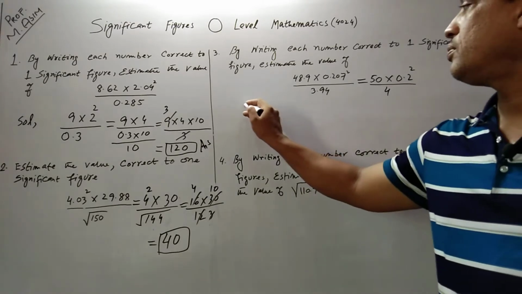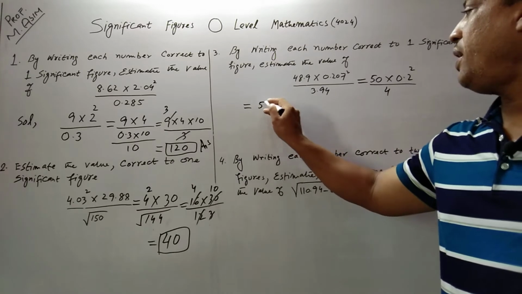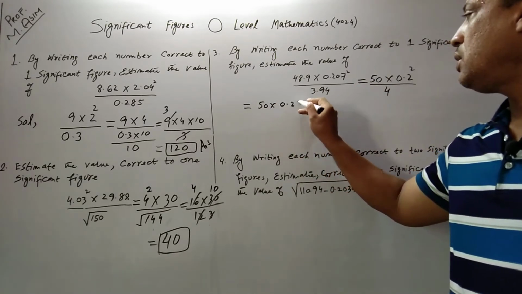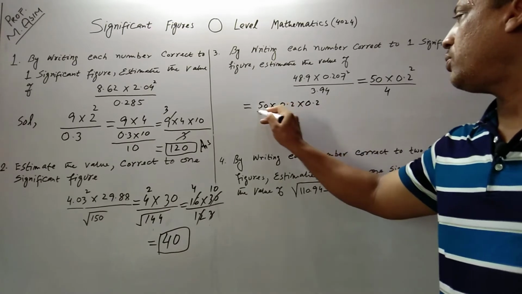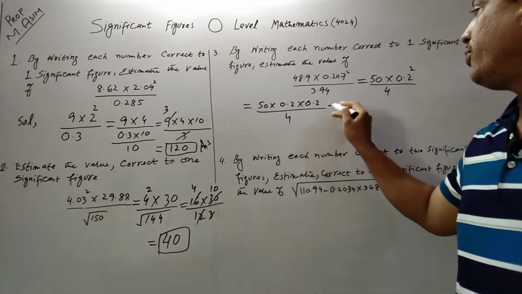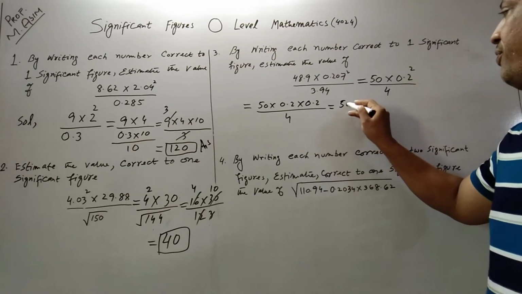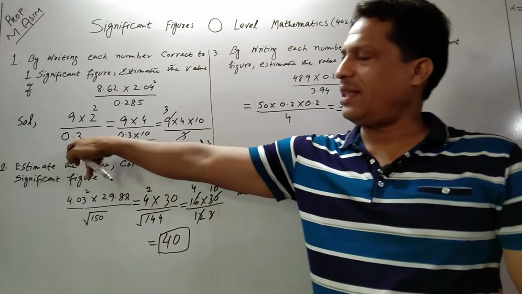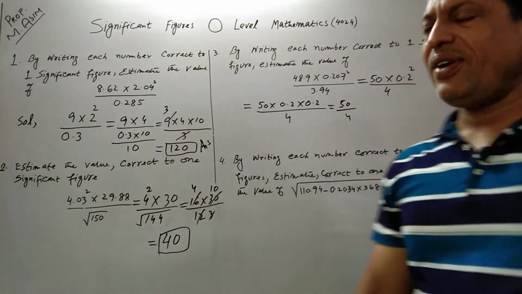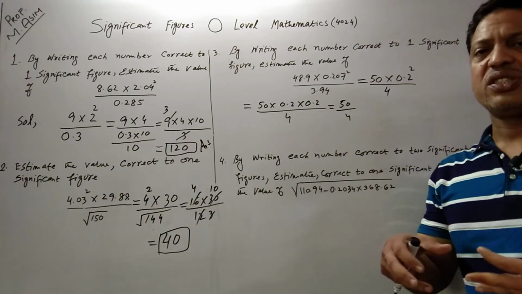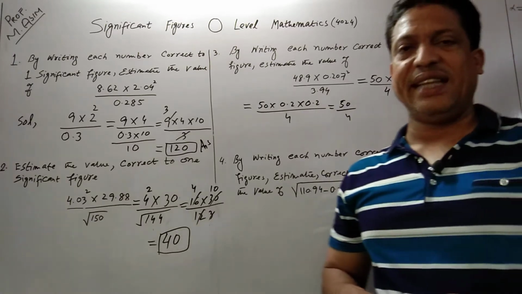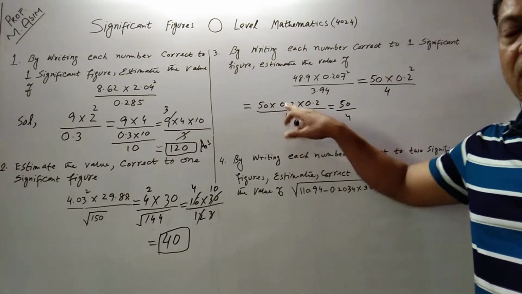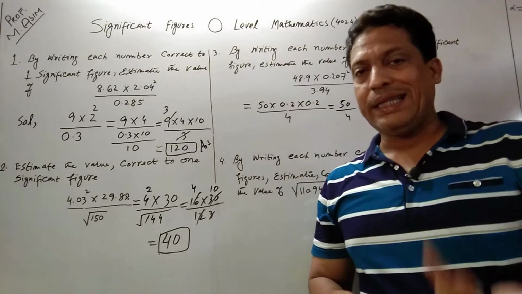Next, 50 into 0.2 squared is 0.2 into 0.2, upon 4. 50 upon 4, again the same case, 0.2. Whenever we eliminate a decimal, we must multiply. This is one decimal place, so we have to multiply by 10.